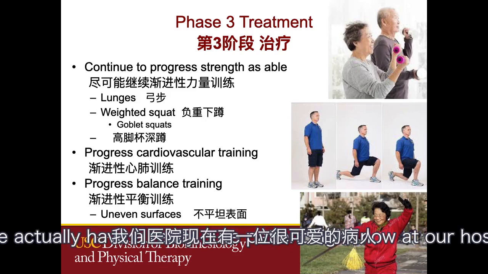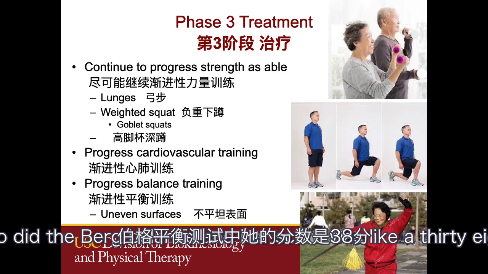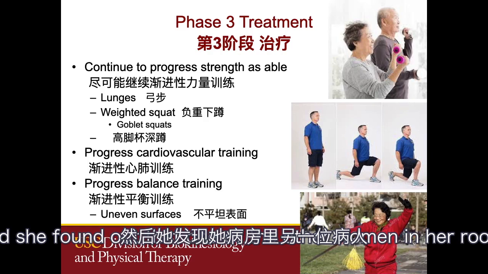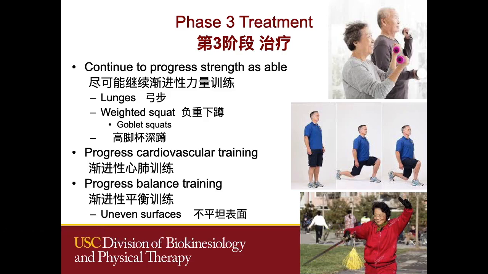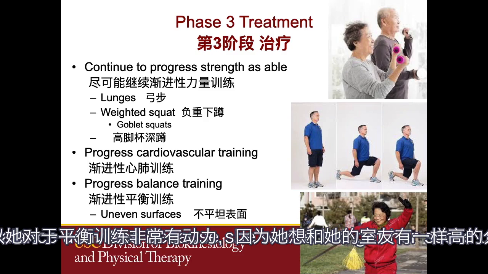We actually have a really cute patient right now at our hospital who did the Berg balance, and her score was like a 38. She found out that one of the other women in her room scored like a 54. She was totally motivated to work on balance activities because she wanted to get her score up to the same score as one of her roommates.